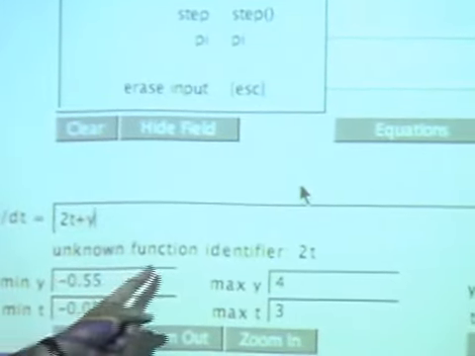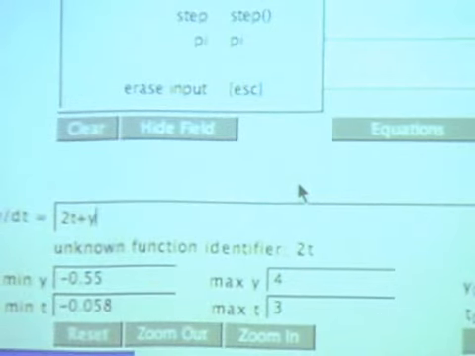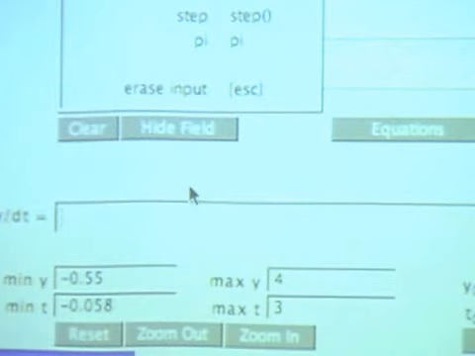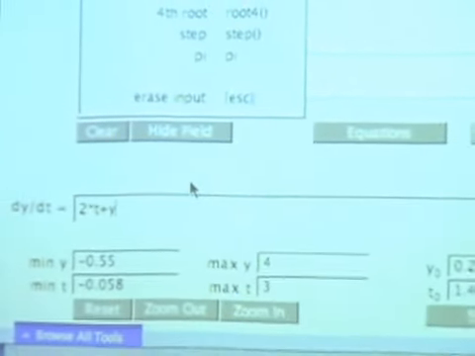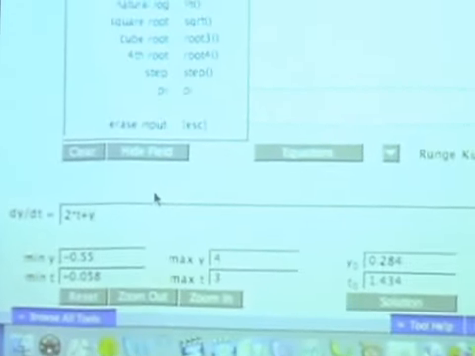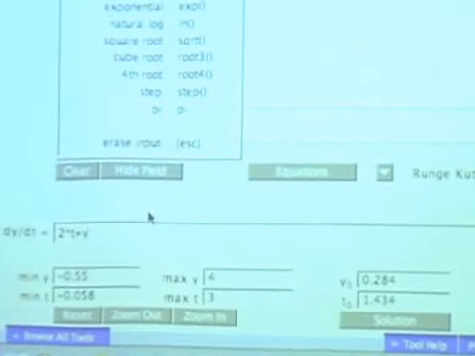It says unknown function identifier 2t. Basically, it's telling you it doesn't know that you want to multiply 2 times t. So you have to be explicit and tell it to multiply 2 times t before you add y. And it does know order of operations. It knows to multiply before we add here. If you put parentheses around the t plus y, then it would add before it multiplied. But we want to multiply before we add. We want that one.